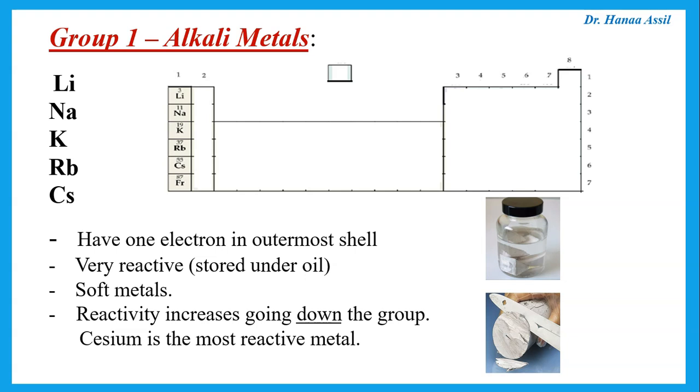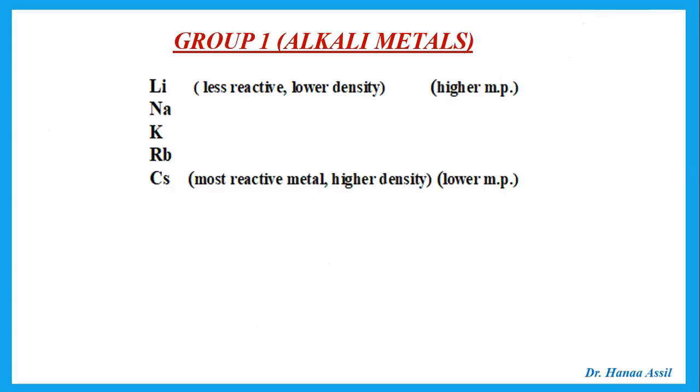So just ignore francium. Cesium is the most reactive metal. So going down the group, you should realize reactivity increases, density increases, but melting point decreases.